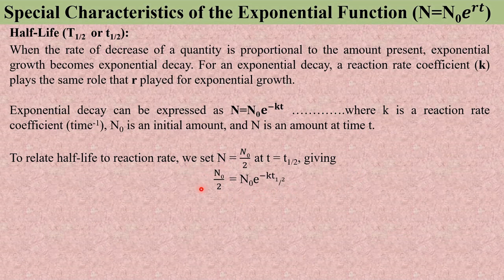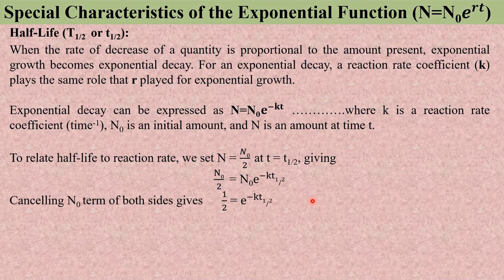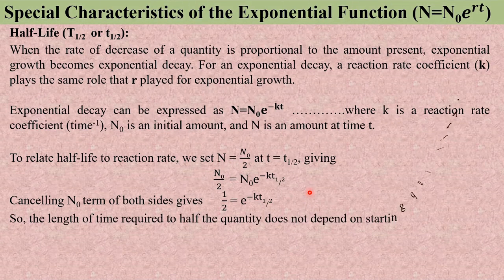So here also, cancelling off N0 on both sides, we will find half is equal to e to the power minus k t half. So you can see that the length of time required to halve the quantity does not depend on the starting quantity.